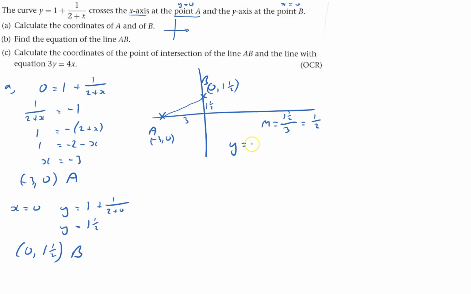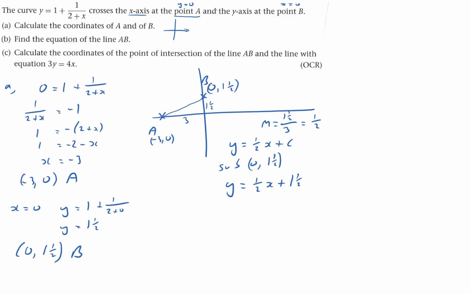So that gives me y equals half x plus c, and I'll then sub in any point on there. So I'll do 0, 1.5. That obviously means that c equals 1.5, the y-intercept. So I get y equals half x plus 1.5.